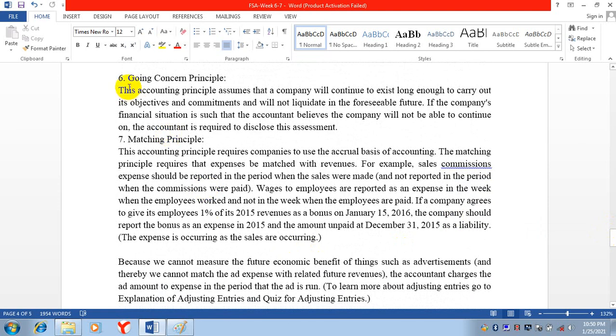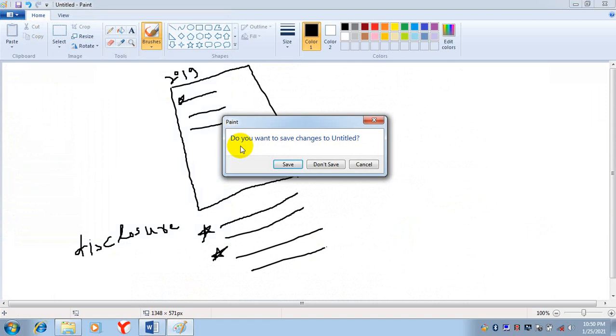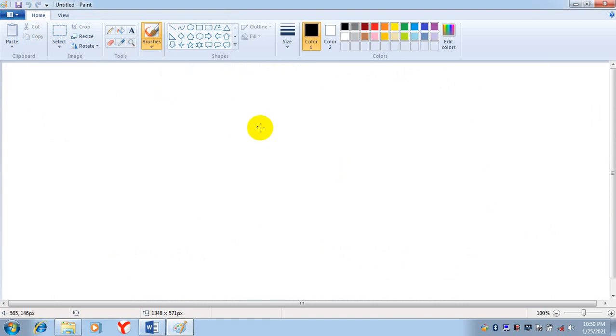The next principle is the going concern principle. Going concern principle means when you start a business, your aim will be that this business will continue for a long period of time. Whenever someone is starting a business, his aim is that he will run this business for a long period of time.